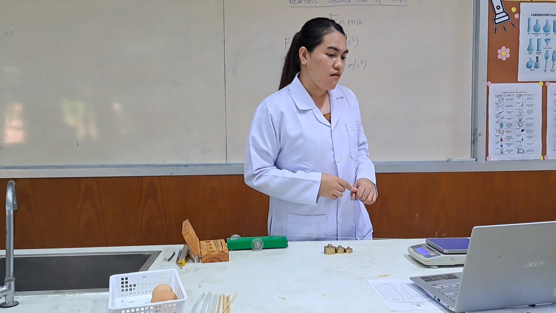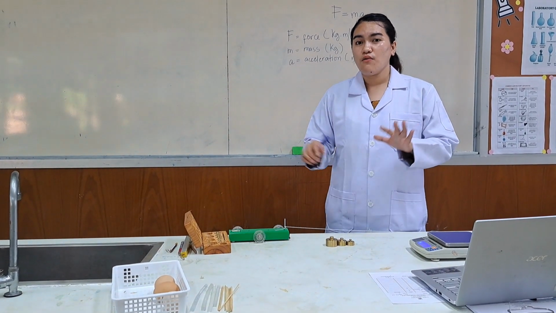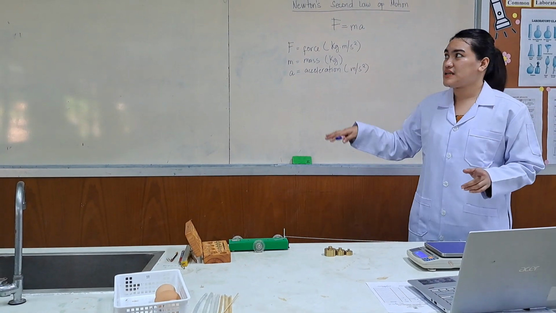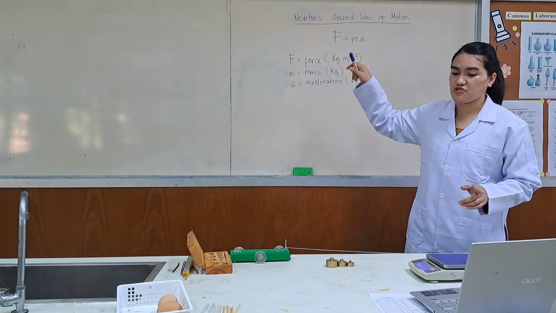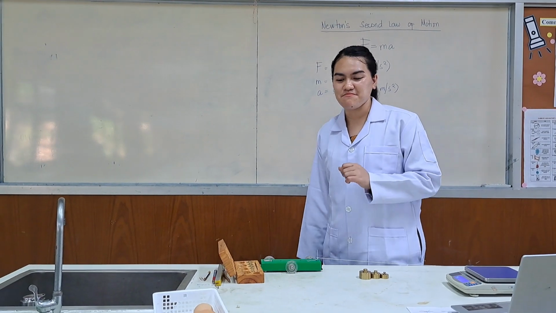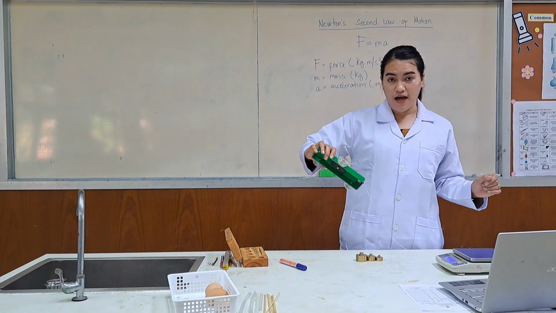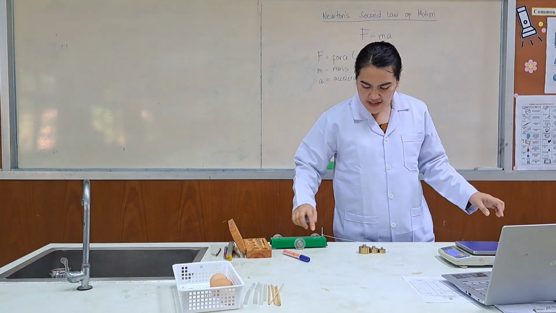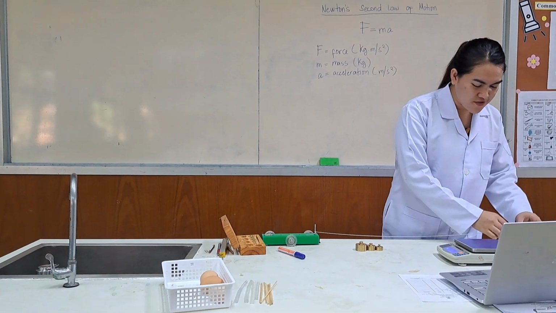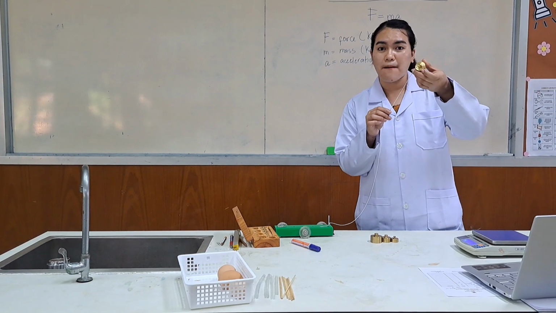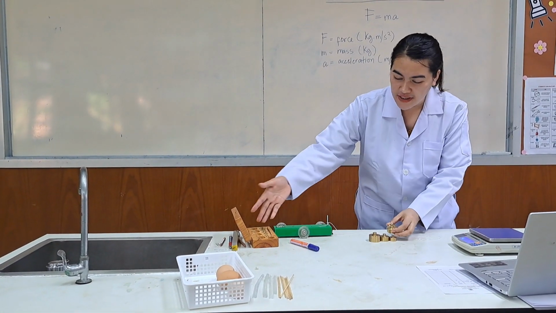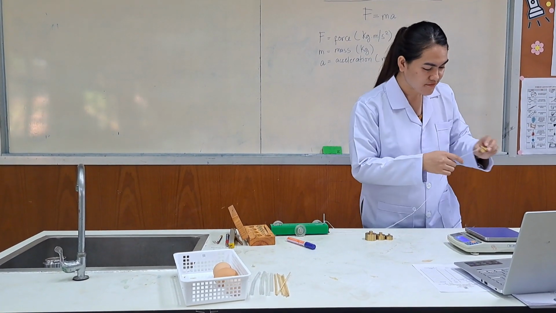Okay? So, let's figure out what it means when we say second law of motion. Let's do some testing here. I have prepared this 500-gram dynamic card, tied it to a string, and on the end of the string, I tied a 100-gram load. I prepared different weights here.